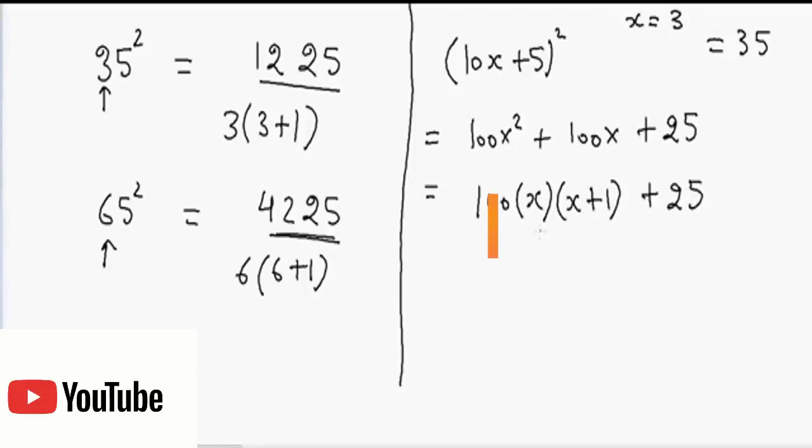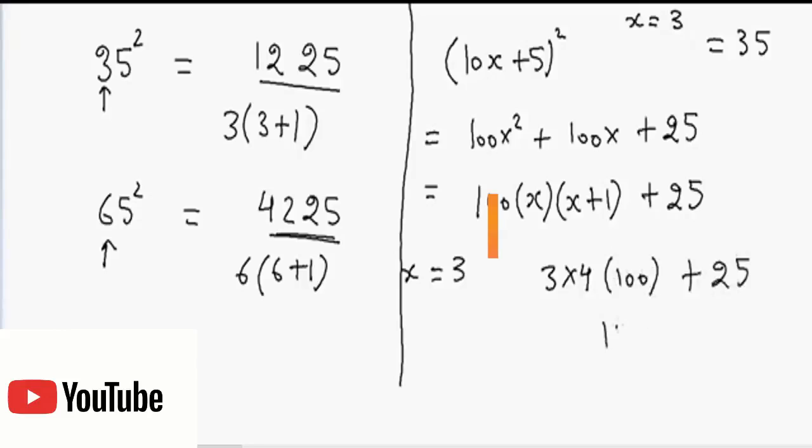As you can see, we are taking the first digit, multiplying it by that digit plus 1, multiplying by 100 and then adding 25. So if x is equal to 3, we'll get 3 into 4 into 100 plus 25.